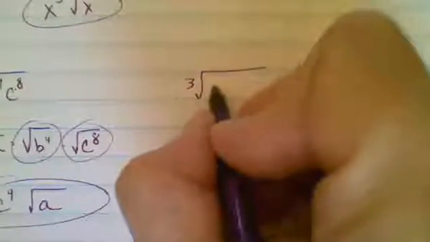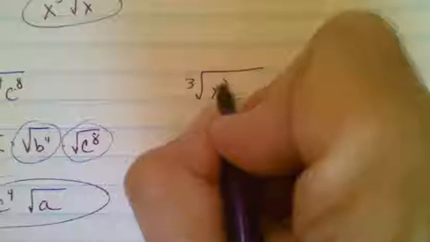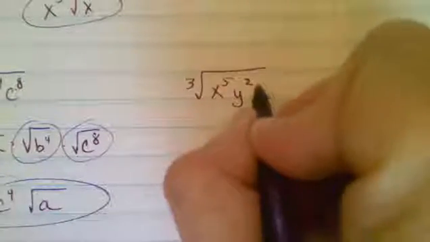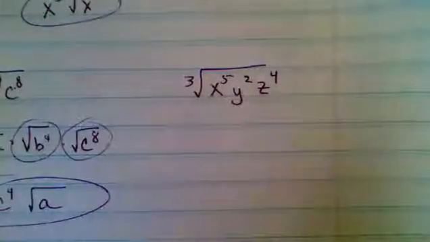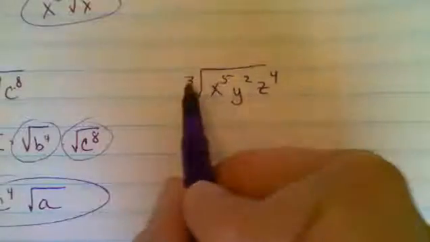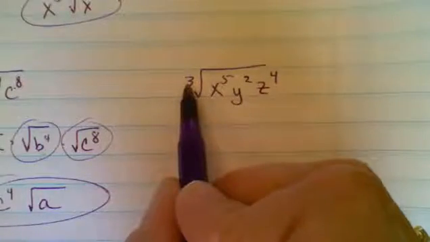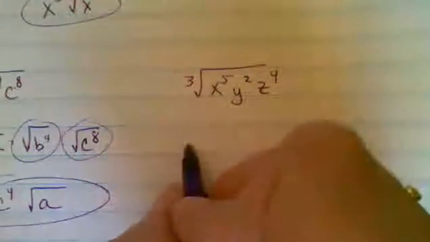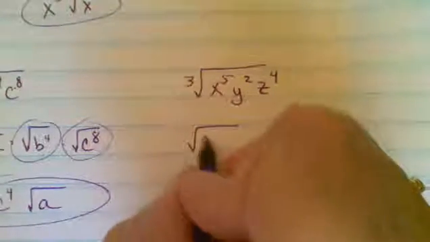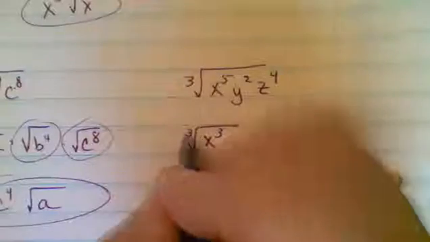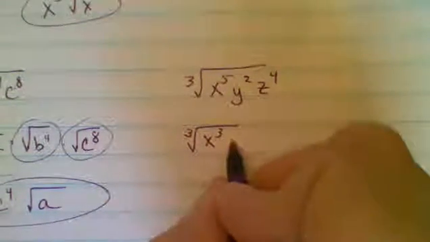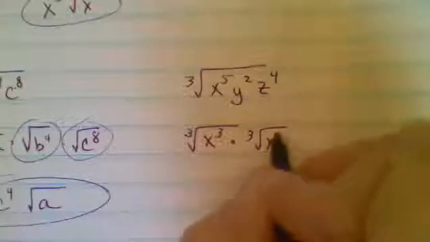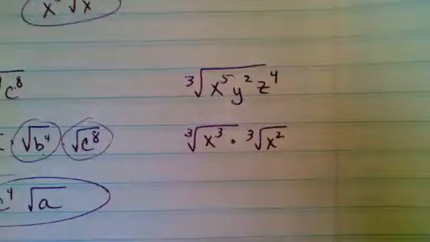All right, so let me do one, let's do a cubed root. Let me do cubed root of x to the 5th, y to the 2nd, z to the 4th. All right, now again, 5 divided by 3 doesn't go in evenly. So I need to come up with something that does go into there evenly. So I'm going to do x to the 3rd, because now 3 divided by 3 comes out to 1. What's left over? I still have 2 x's I have to multiply to get x to the 5th.